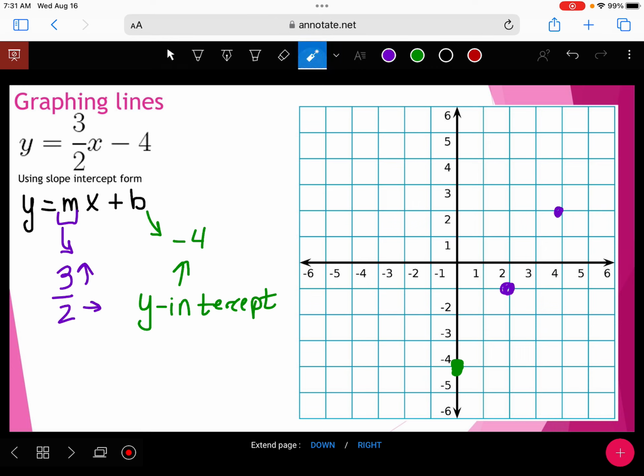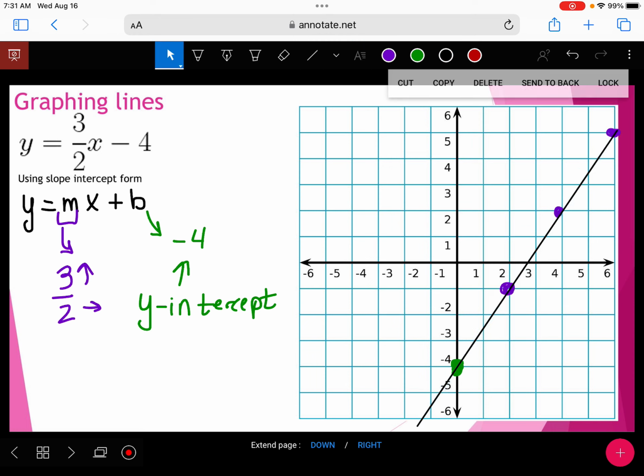The more dots you have, the easier it is to get a straight line. So I always fill mine in as many as I can. And we connect them up. It should look something like that.